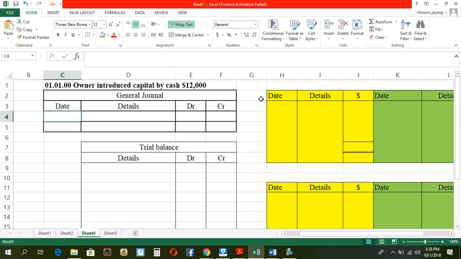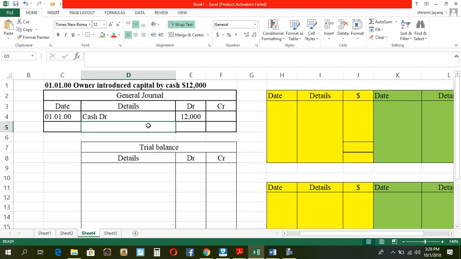Now, let's see how to enter this in the general journal. What is the date specified over there? What comes into the business? Cash. So we write cash, debit. What's the amount? 12,000.